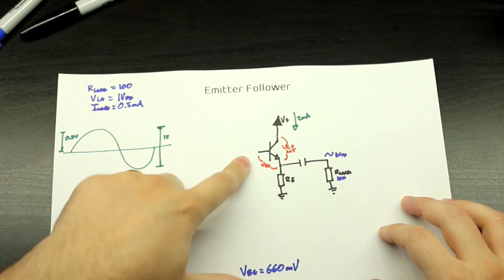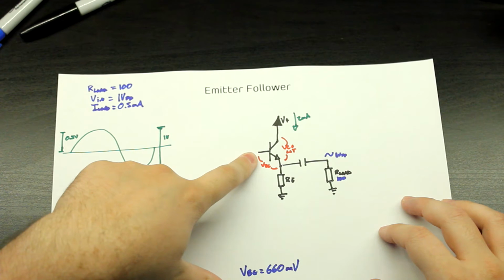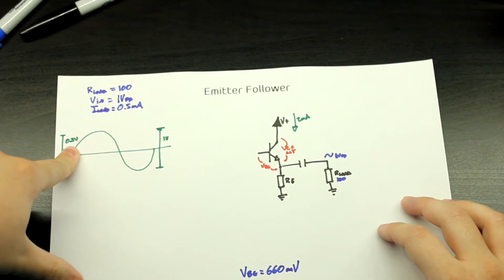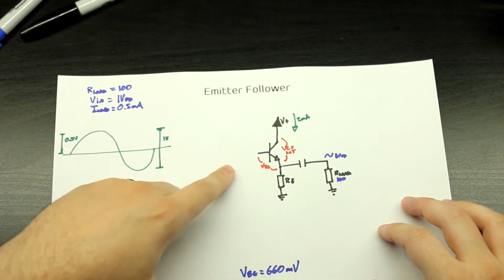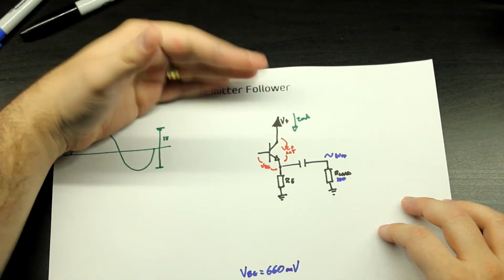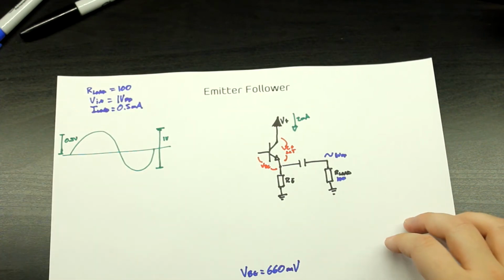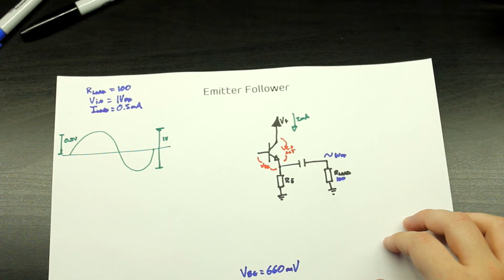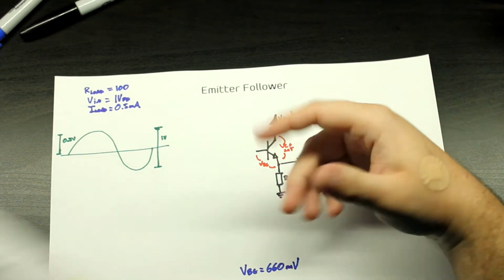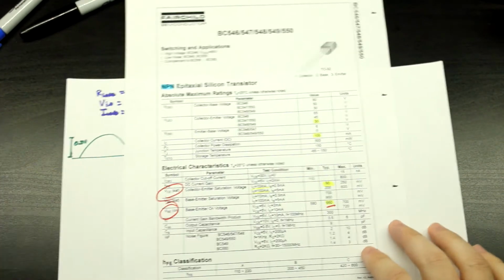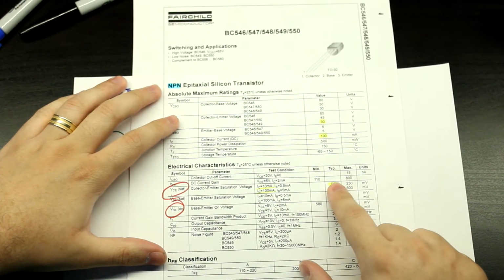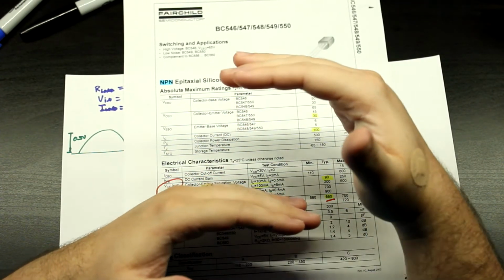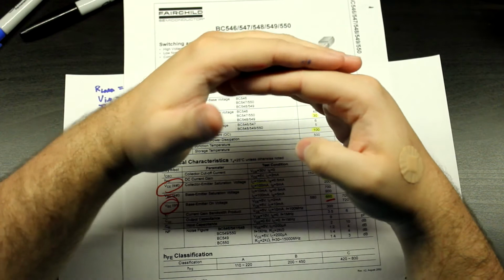So if you had, for example, the full V plus here, when this swing of 0.5 volts appears in the input, it would drive it 0.5 volts above the supply voltage. And that would be a problem because we have VCE sat, which is just the voltage across the device. In the case of this device, we can't exceed 90 millivolts. So that's going to clip the signal at the plus side.